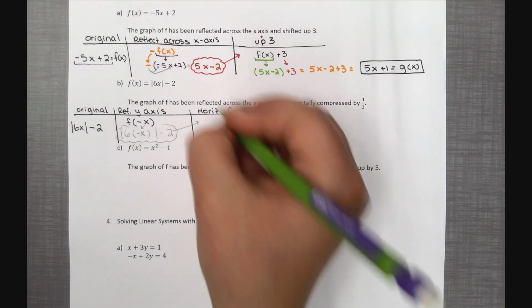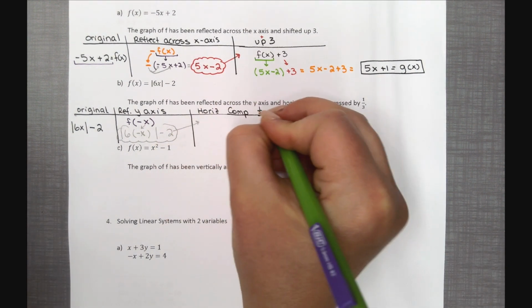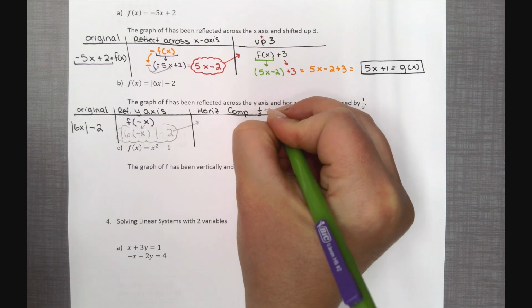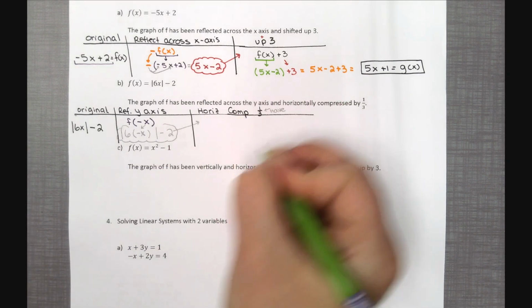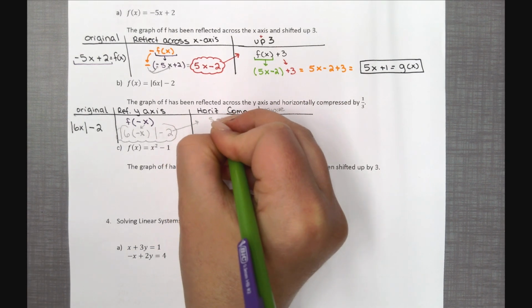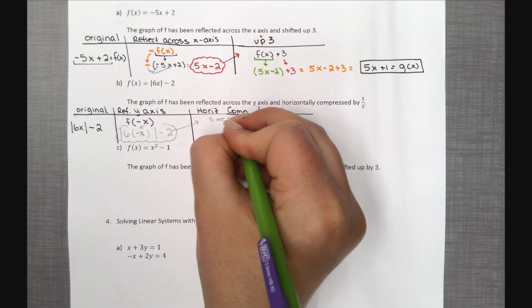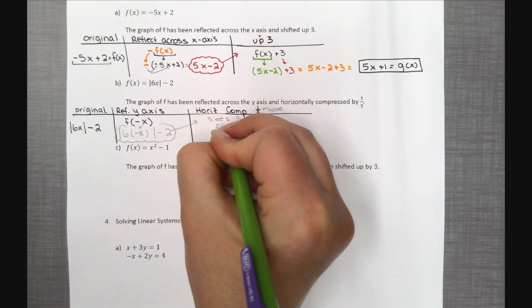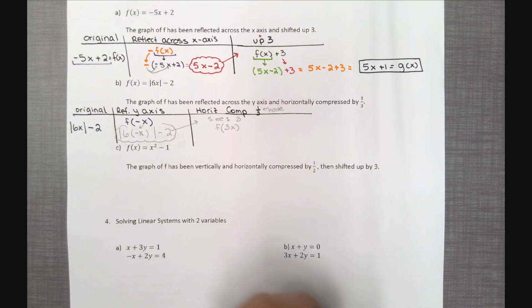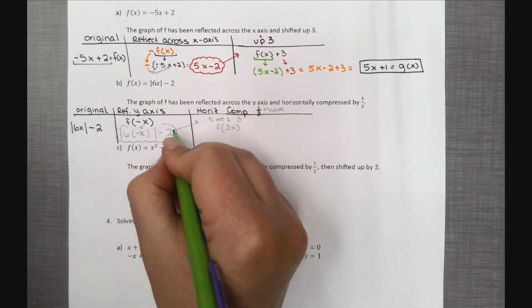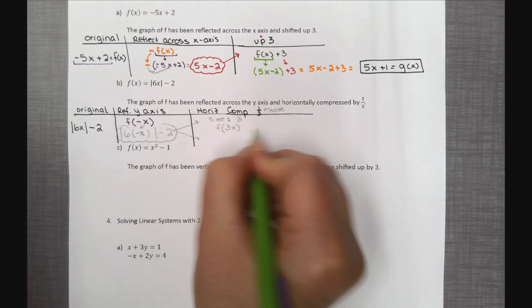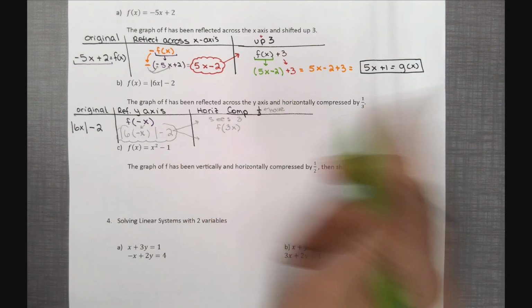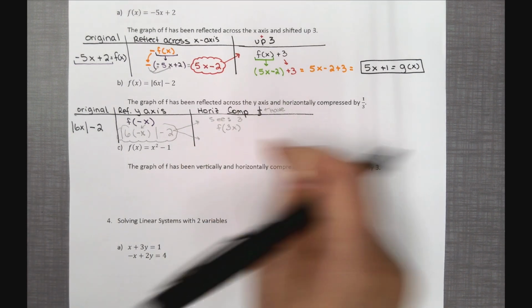Horizontal compression, again, inside. Horizontal means inside. I have a compression of 1/3. So what I'm going to see inside of my function is a 3. So what I have is f of 3x, which is going to be replaced for the original x. I am going to simplify this before I put the 3x in it, because I do have a little bit more space here.